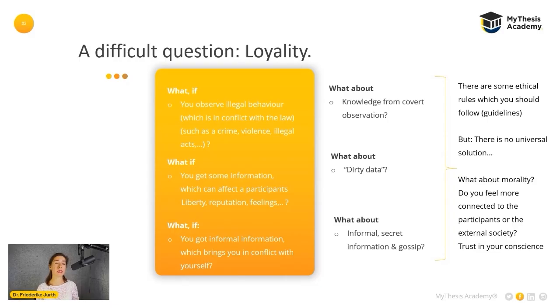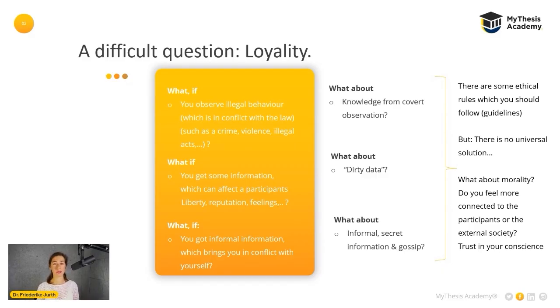This can be crime, violence, also other kinds of illegal acts, for example, gambling, corruption, some political stuff, some acts which are against the law, and so on. So how do you deal with this kind of information?